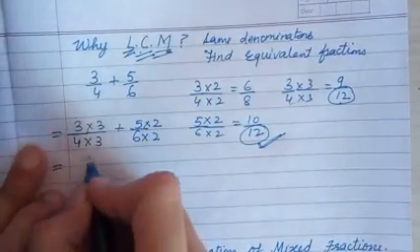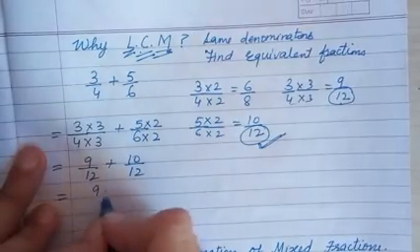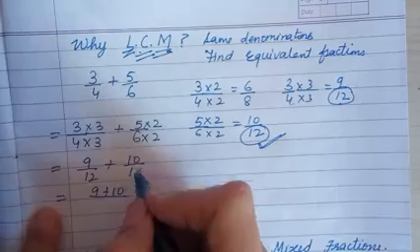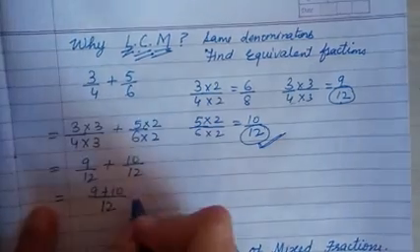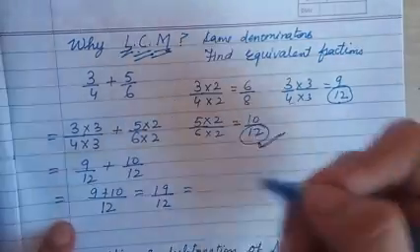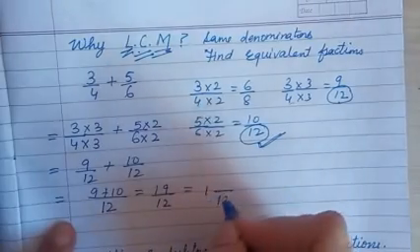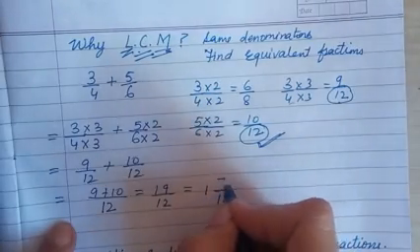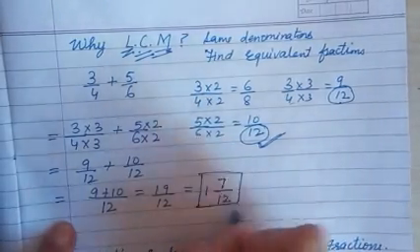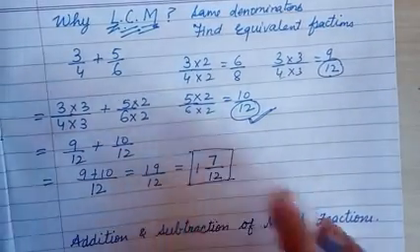So this is equal to 9 upon 12 plus 10 upon 12. 9 plus 10, add the numerators, write the common denominator. This is 19 upon 12. This is improper. We will change it into mixed form. 12 times 1 is 12, 12 plus 7 is 19. So the mixed form is 1, 7 upon 12.